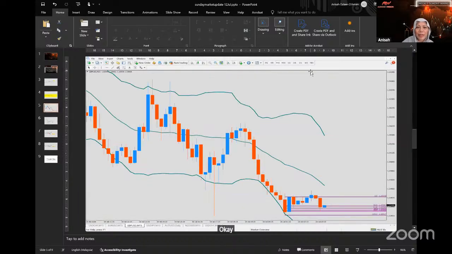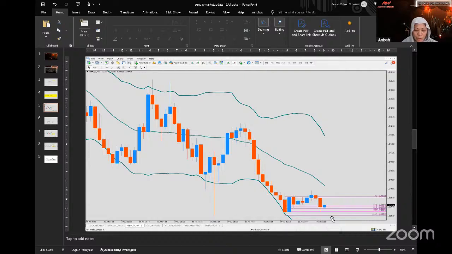Okay, here it is, dollar yen. For the case of the dollar yen pair, the major trend is up. The intermediate trend is down. And the short-term time frame is actually doing a bit of ranging or sideways.